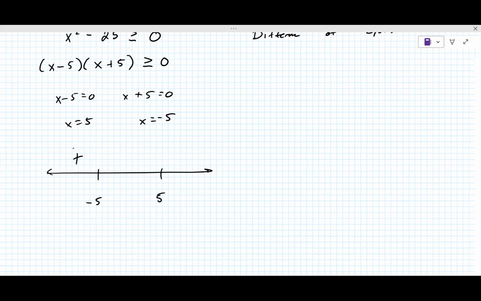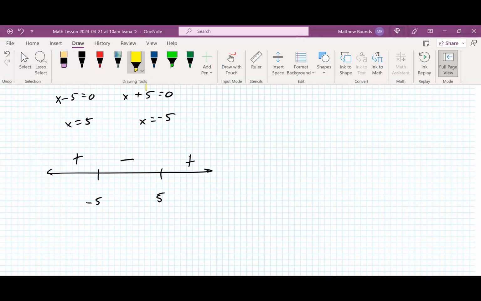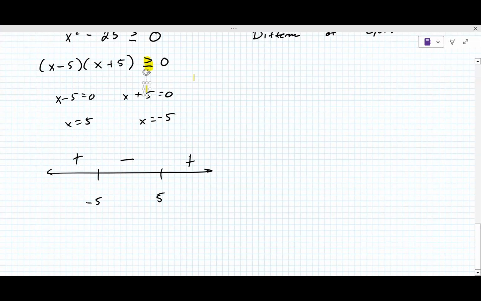And then +24 again for the 7 on the test point. Good, good. Okay, now we're interested where it's greater than or equal to 0.